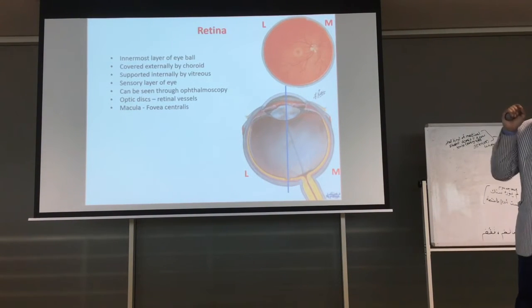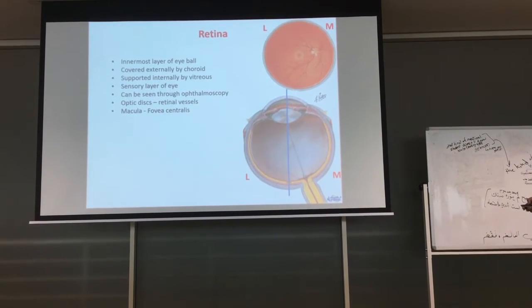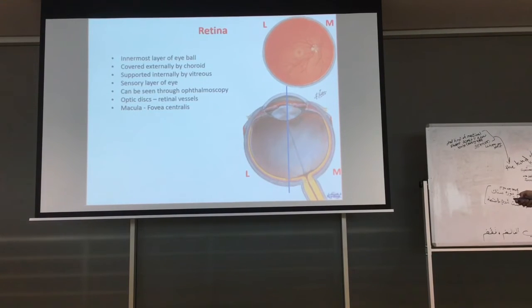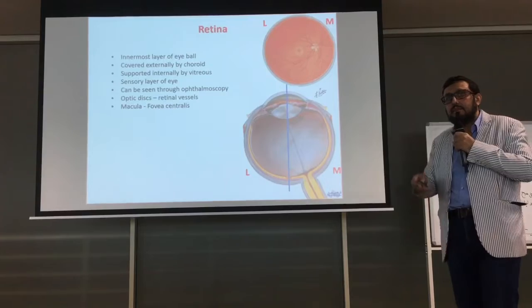It has the highest concentration of cones. All the peripheral part of the retina helps in developing the peripheral image. So the basic image is developed at this point. This point is called the macula, and its center portion is called the fovea centralis.